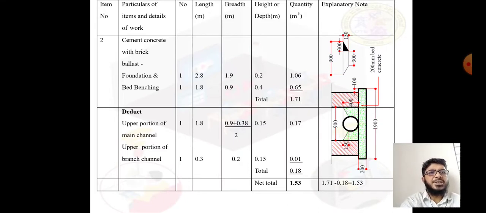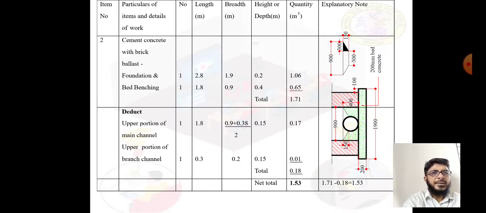Now we can see a shaded portion shown just beside the sketch in the explanatory note: length 300 mm, that is 0.3, and width 0.2, meaning the diameter will be considered as a square only, and its height or depth is 0.15.